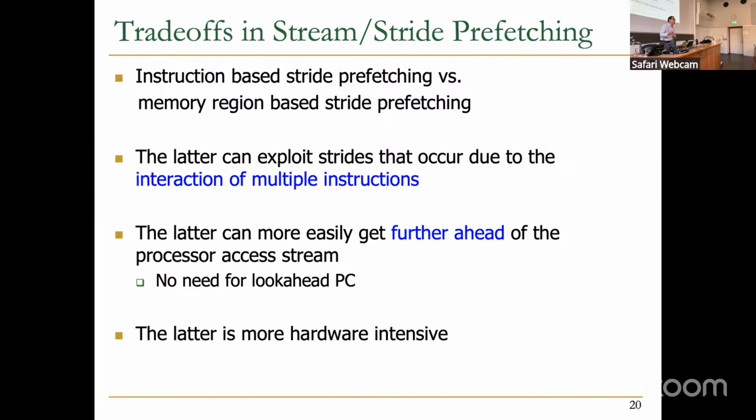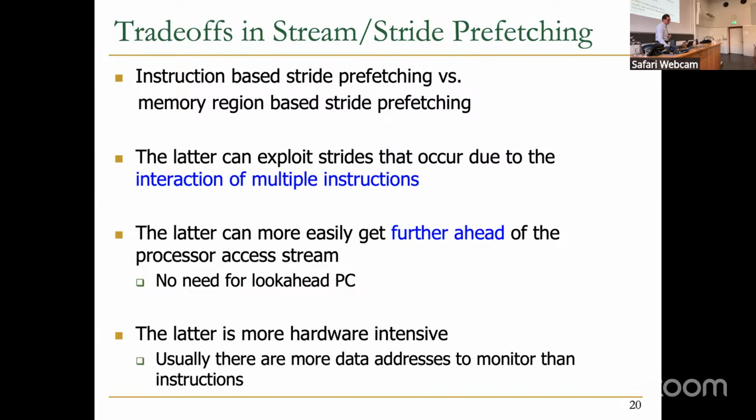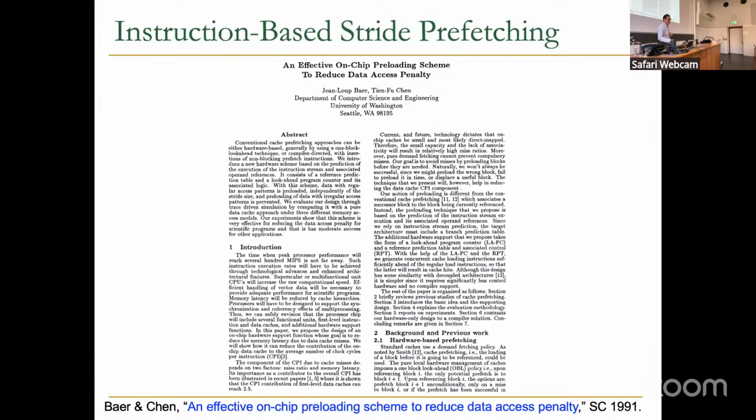The latter is more hardware intensive, because if you look at program counters, there are a small number of instructions. Usually, there is a much smaller number of instructions that you go through when you execute a program than the number of data accesses, right? So data is usually much larger, meaning there are many more data addresses to monitor than instructions. Okay, it's good to think about it, but these prefetchers are employed.